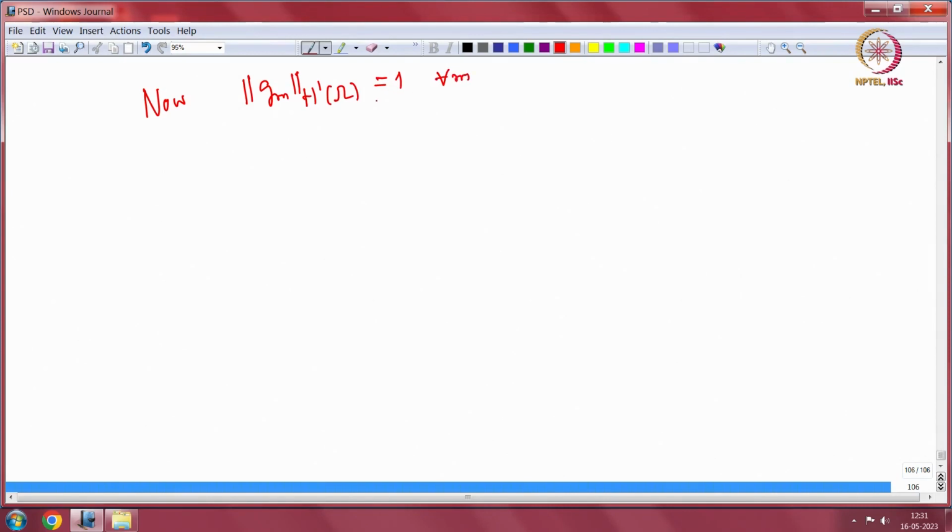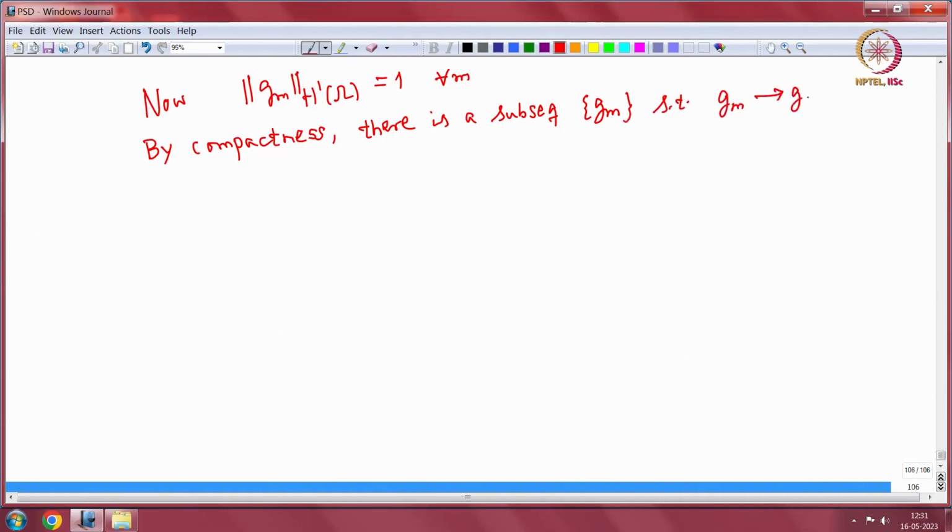So this is a bounded sequence, hence by compactness there is a subsequence, which we still denote by Gm, such that Gm converges to some G in L2 omega.